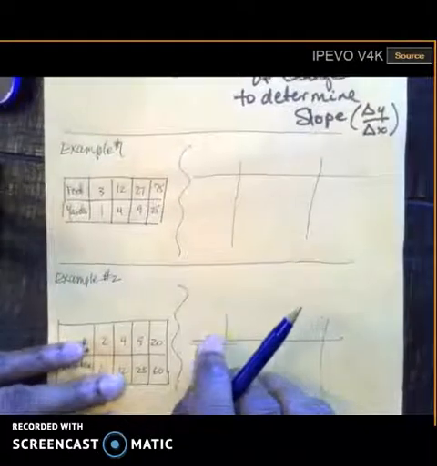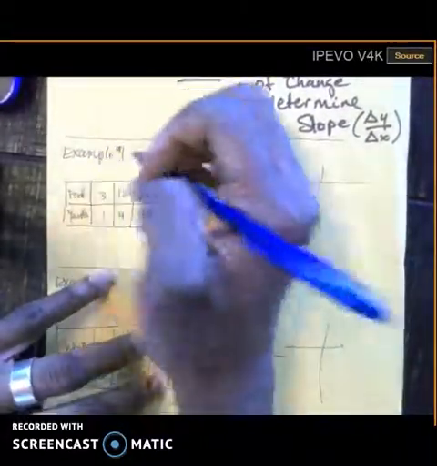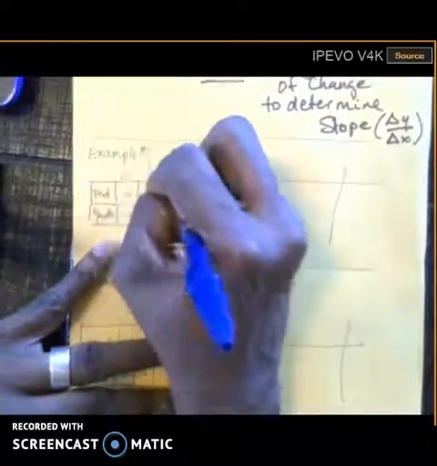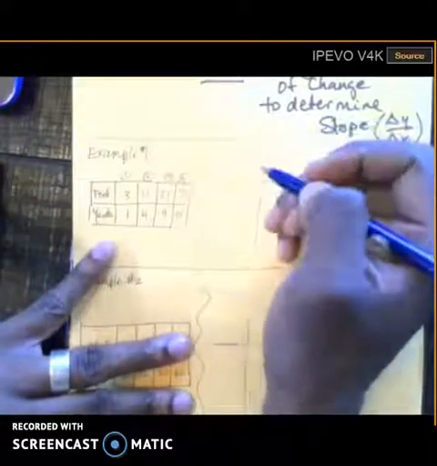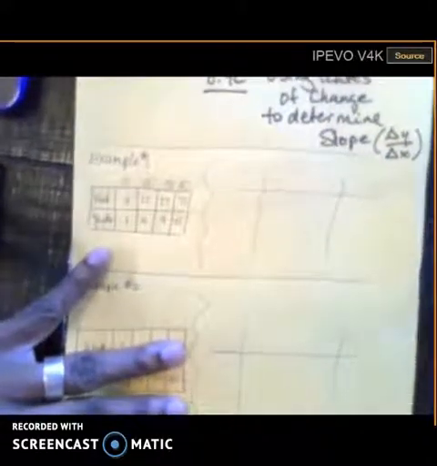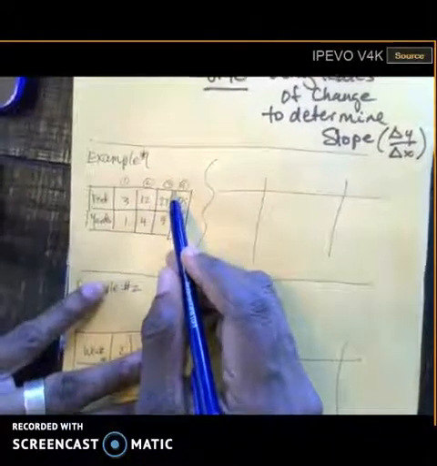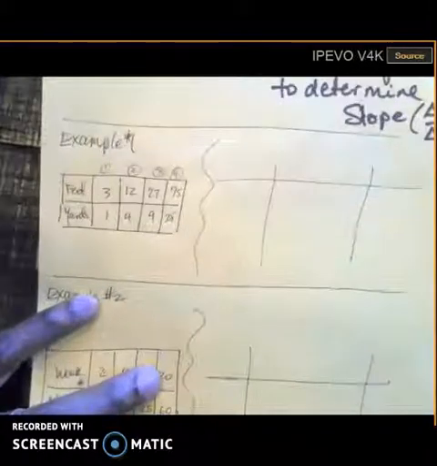So again, we're going to look at example number 1 and example number 2 from what we were doing. So what I like to do is I like to just go ahead and label my different sets of data, okay? Because in this particular case, I'm going to be comparing set 1 to 2, set 2 to 3, and set 3 to 4. I'm going to go ahead and zoom in just a bit.